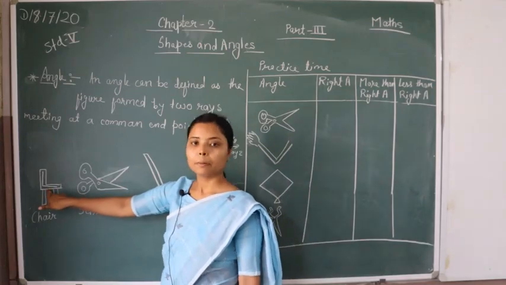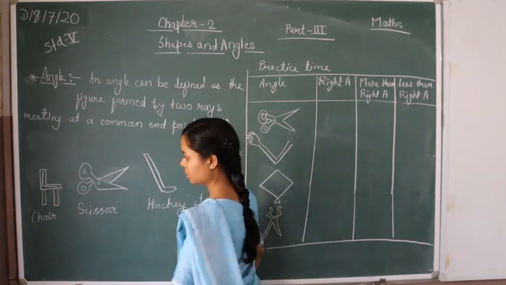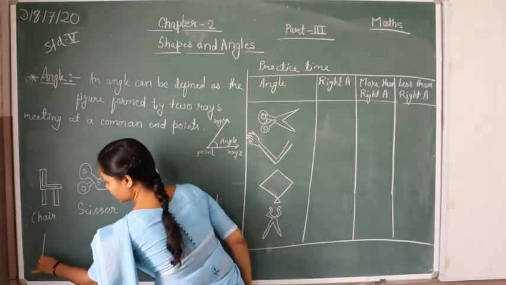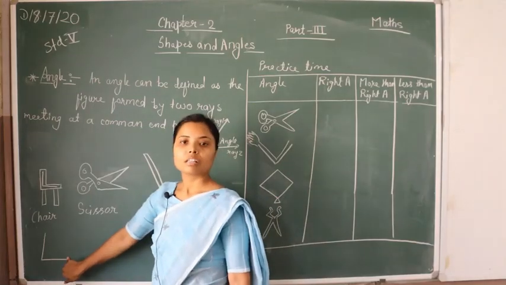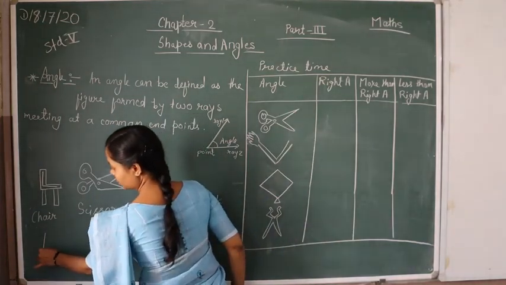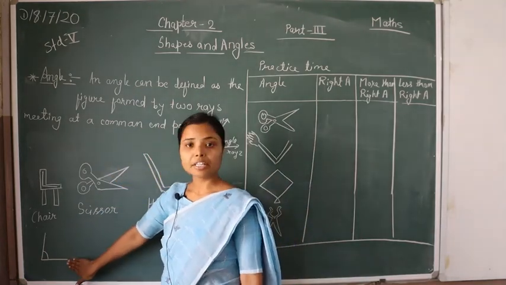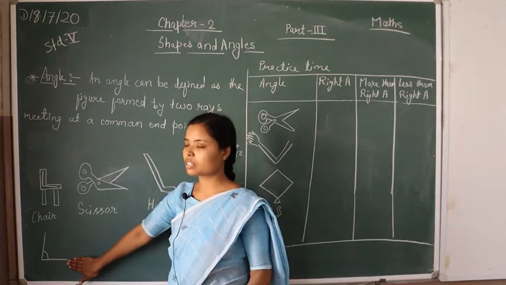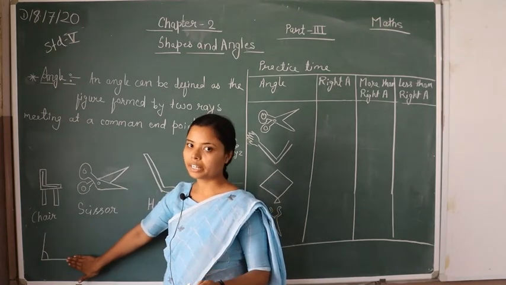This chair makes a letter L. The shape of letter L is like this, which you know very well. And this makes an angle which is called a right angle. Simply we can say that letter L is called the right angle.